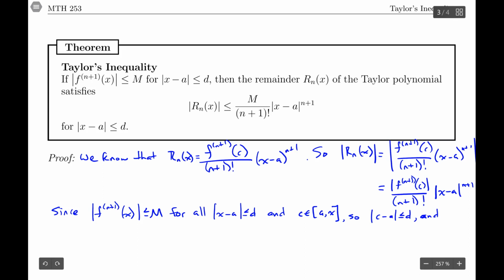And this means that we can say that the absolute value of the n plus first derivative at c is less than or equal to M.